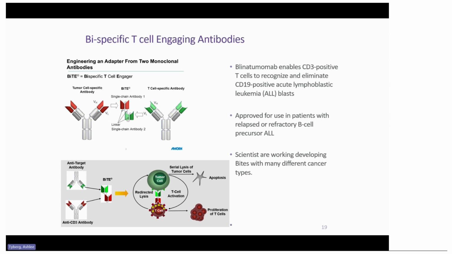So in ALL, it's CD19, and in lymphoma, it might be CD19. In myeloma, it will be a target called BCMA. So they can change the target, but it's going to have on one end specificity for a tumor, and on the other end, it's going to have specificity to attach to the T cells and get them all angry. And by bringing them close together with this cross-linking antibody, they're able to kill tumor cells, right?